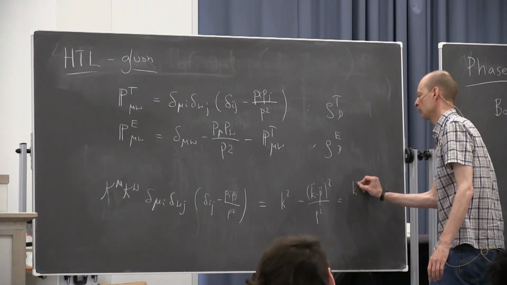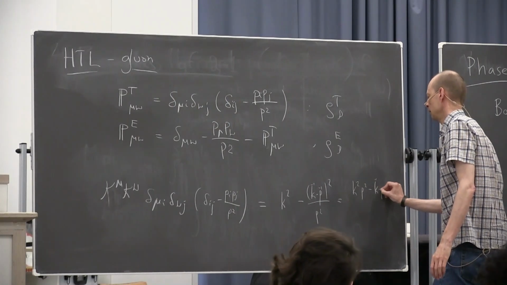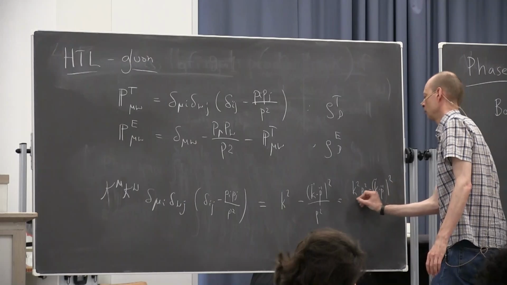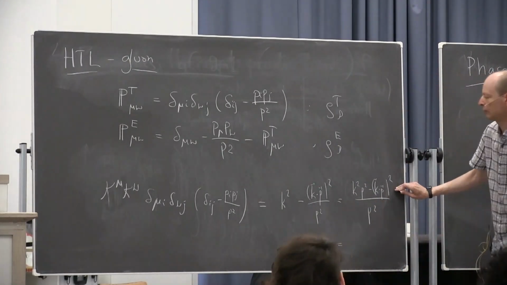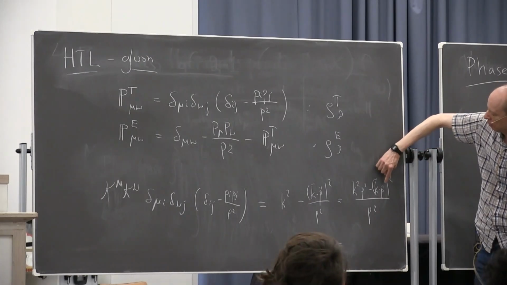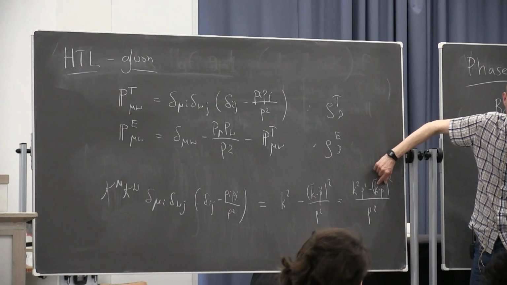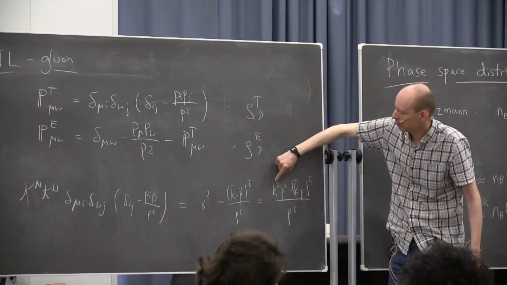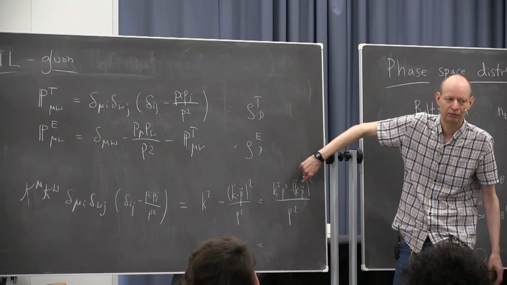So K squared P squared minus K dot P squared over P squared. So what is this? What you see here is the momentum projected in the direction of the k. But then here is the full momentum, and then we subtract the projection in the direction of k.